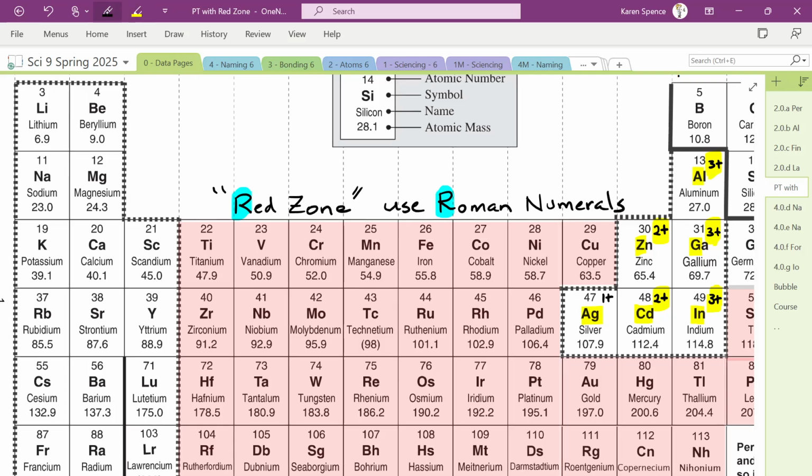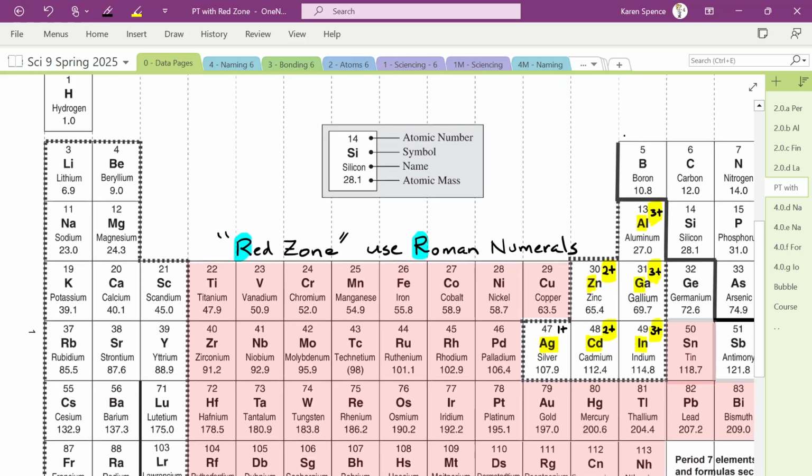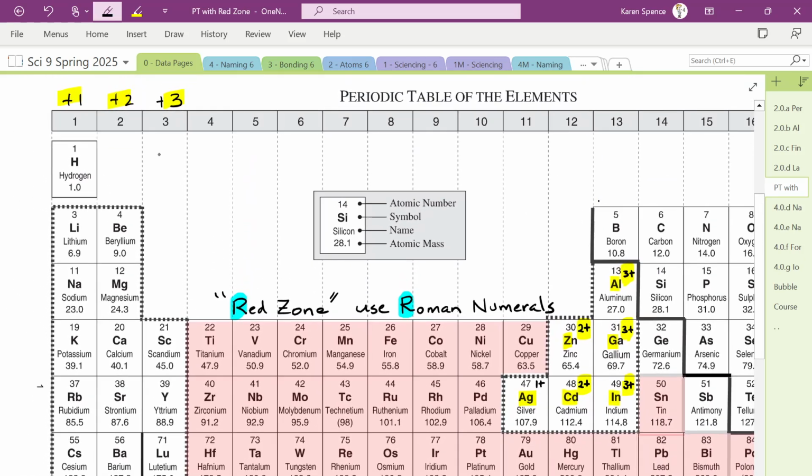And then we have our white zone metals, no Roman numerals. White zone, no Roman numerals.